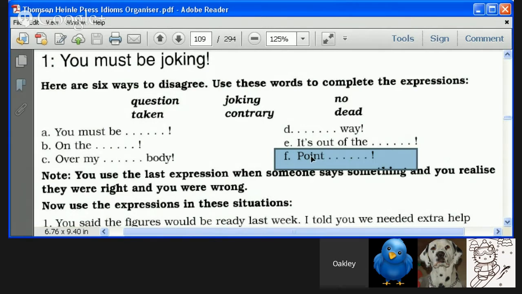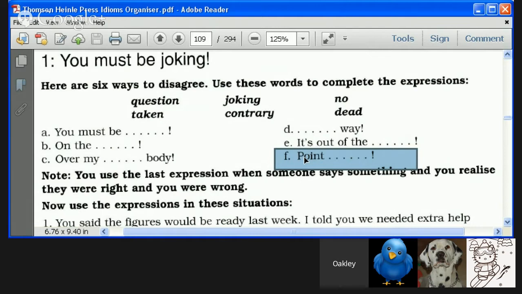Okay, Max. F, of course. Point taken. It's done, I nailed it. No, different. Oh, I see what you're saying.